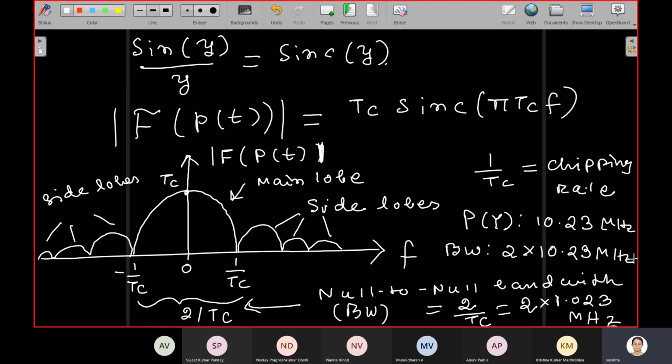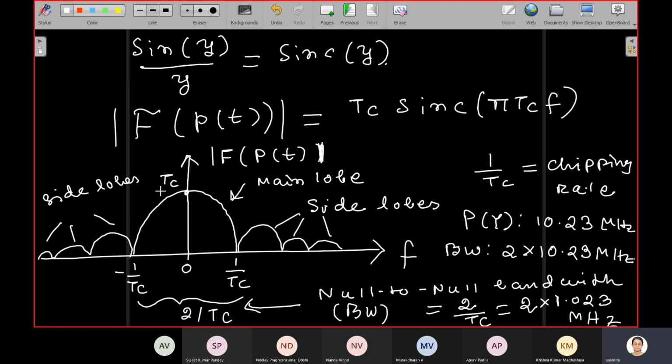Okay, so given the sinc pattern, the Fourier transform of a single chip, even without knowing their chipping rates, we can make out which code will give us better accuracy. In fact, when we see the GNSS spectrum, we actually note the sinc pattern. If somebody asks you about the GNSS spectrum, you need to actually point to this sinc pattern. And from the sinc pattern, we get all this useful information. Okay.